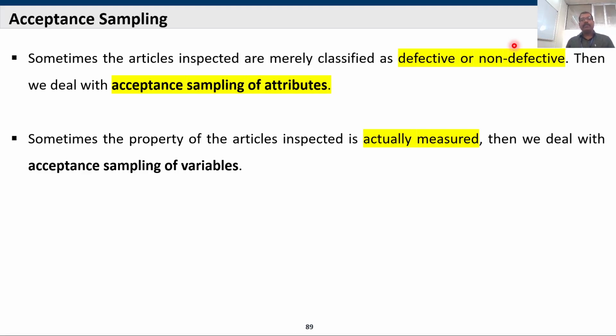Then we deal with acceptance sampling of variables, like dimensions we are measuring, such as thickness, diameter, length, mass. And if we are counting defects or defectives, yes or no, pass or fail, from the sample, then it is called acceptance sampling of attributes.